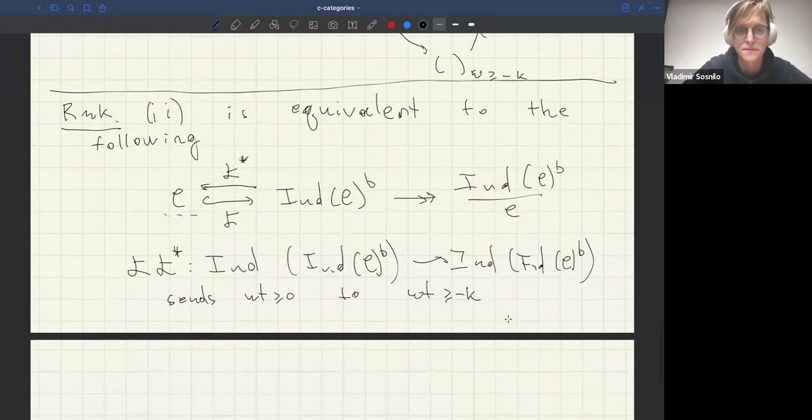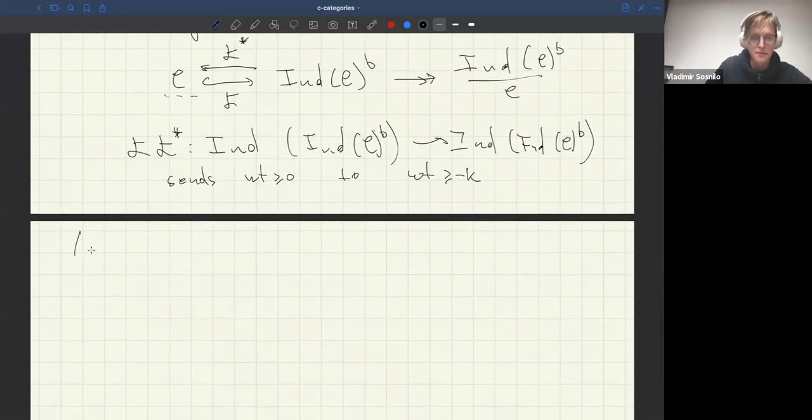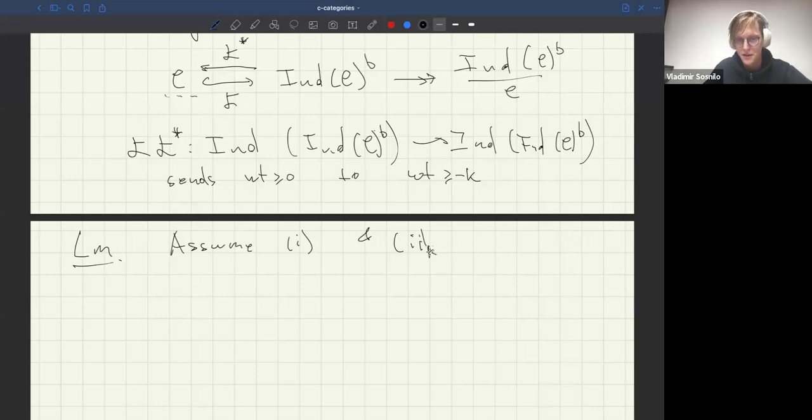So let me formulate a lemma. Assume 1 and 2, and 2 technically has an integer K hidden in there.